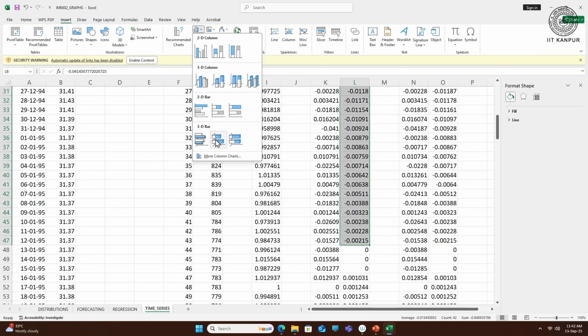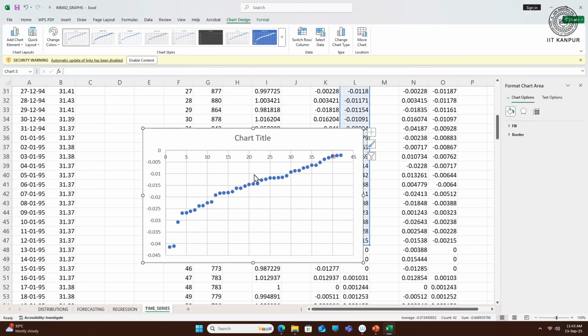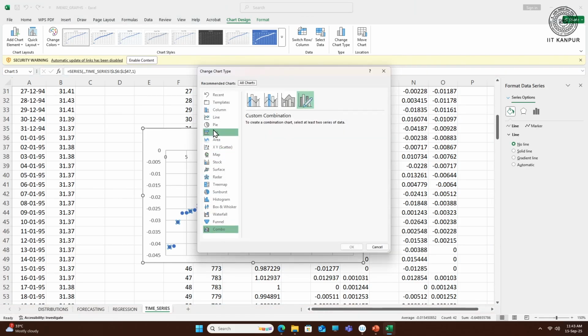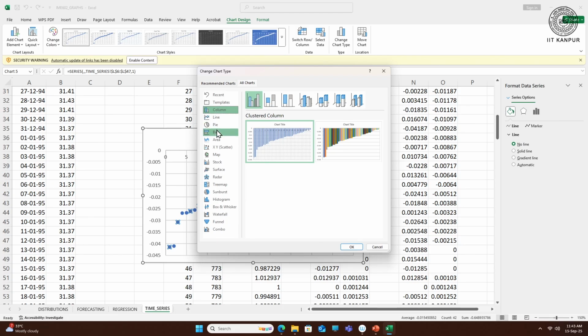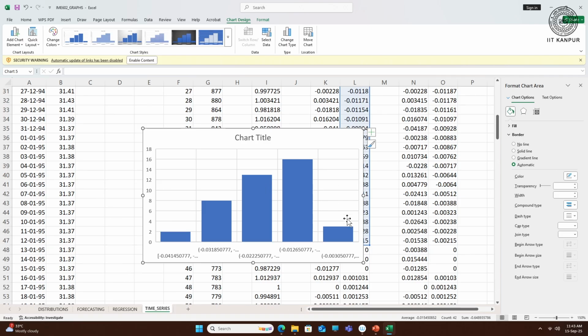Histogram plot. Now, if I plot it for the negative values for the other case, it will not change, it will remain the same.